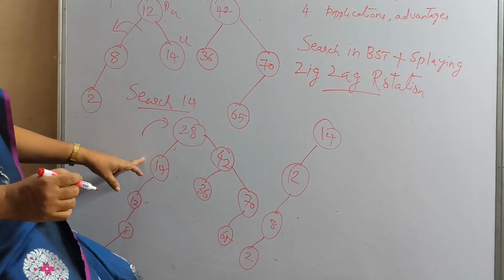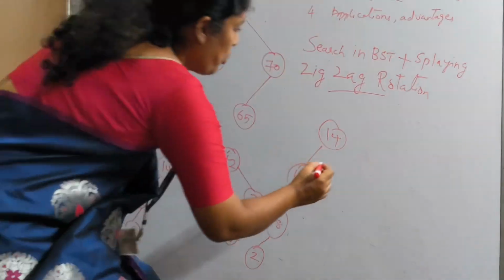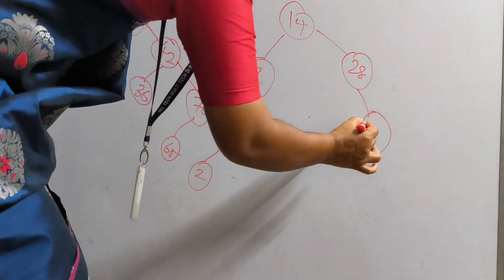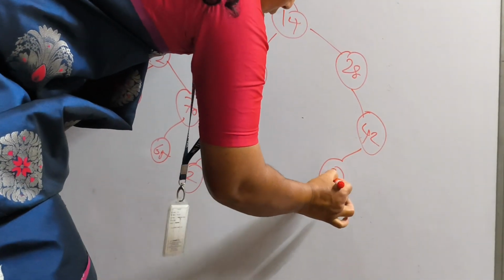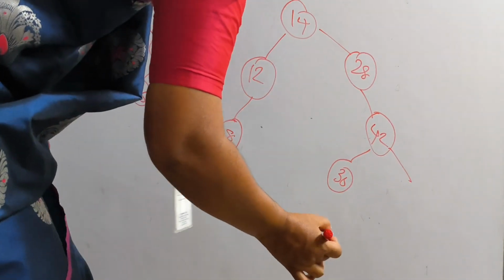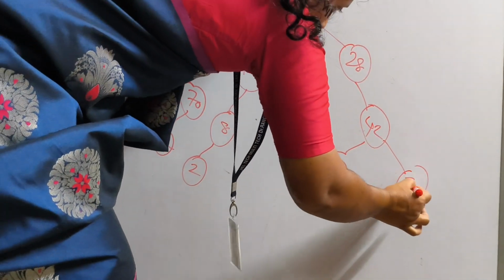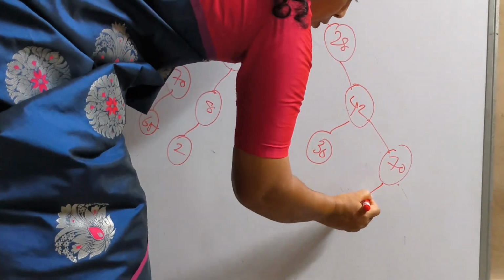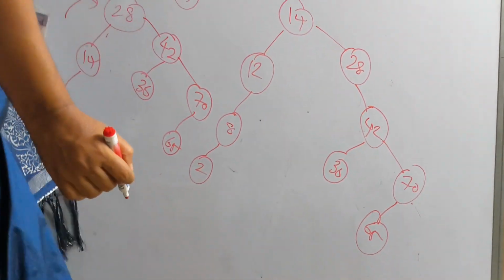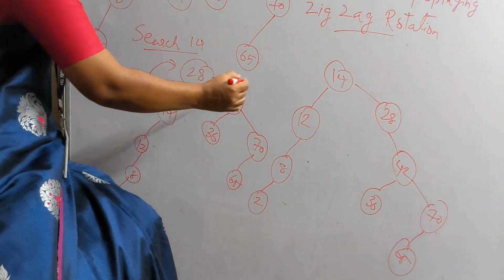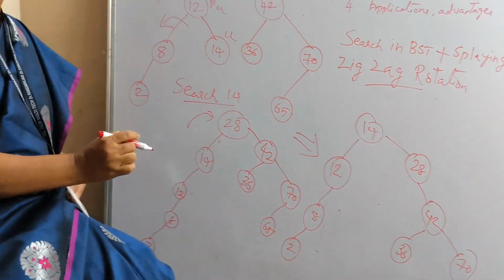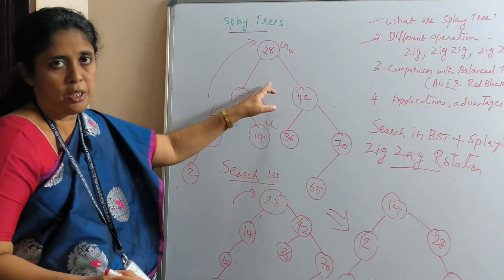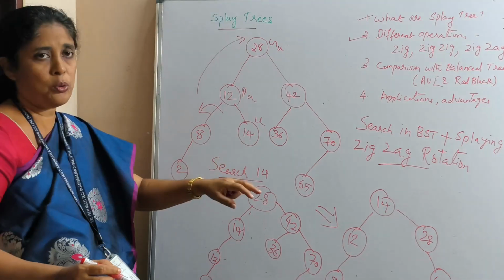Here your 14 will go there, and your 28 will be your right node, and there is no other change. 42 here, left is 36, right side you have 70, and on its left side you have 65. So after zigzag rotation, your tree will appear like this, after bringing this node to the root position. This is what we call zigzag rotation.